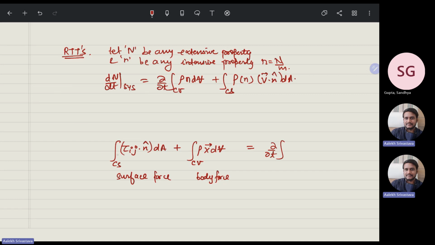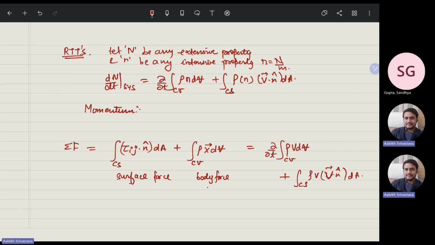So the rate of change of momentum, that is the summation of all forces, is equal to surface force plus body force. If I am writing for momentum, then it is like that: d by dt of control volume rho v dV plus control surface rho v v dot n cap dA.